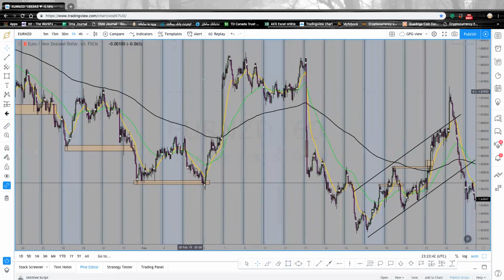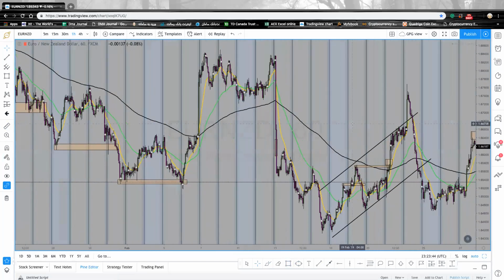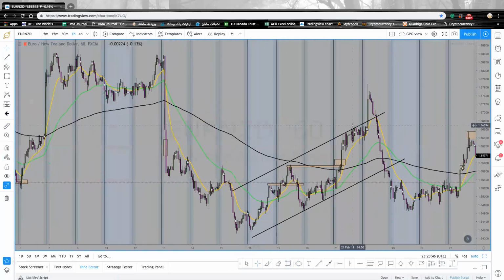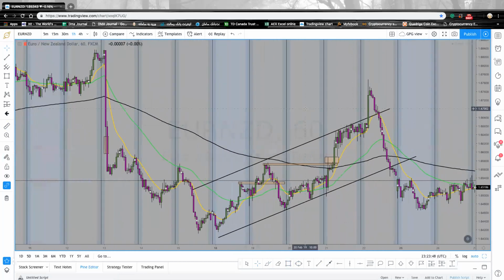You see, multi-session M coming down. Induction transforming. Wick filled. Induction is done. So all these wicks here will be filled.